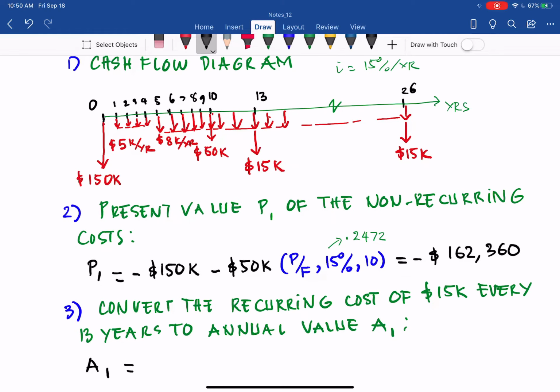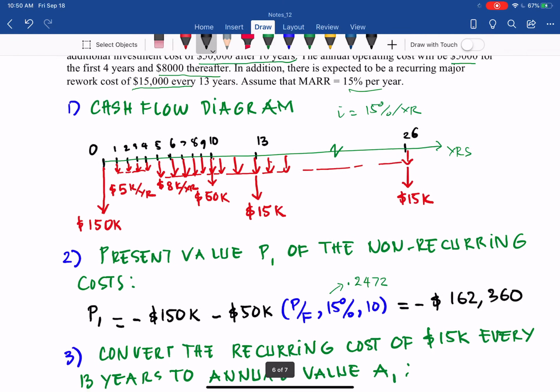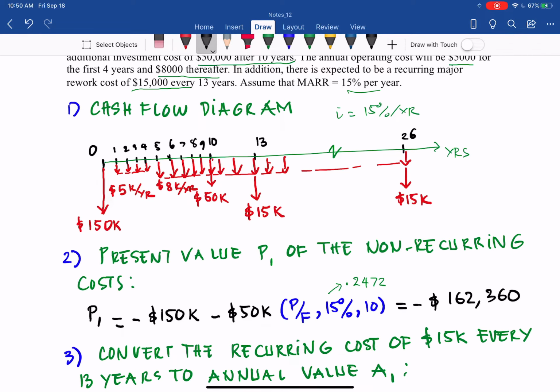The first 15,000 that you spend at the end of year 13, let's assume we can distribute that 15,000 back to the previous 13 years. 15,000 at year 26, bring back to from year 14 to year 26. And similarly at year 39, you distribute that back to an equivalent amount every year, right?